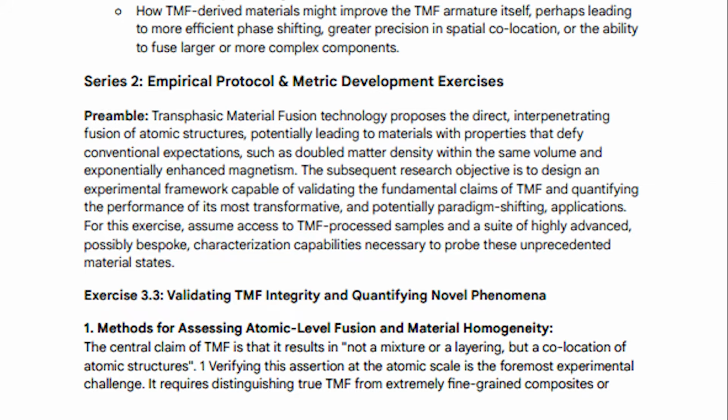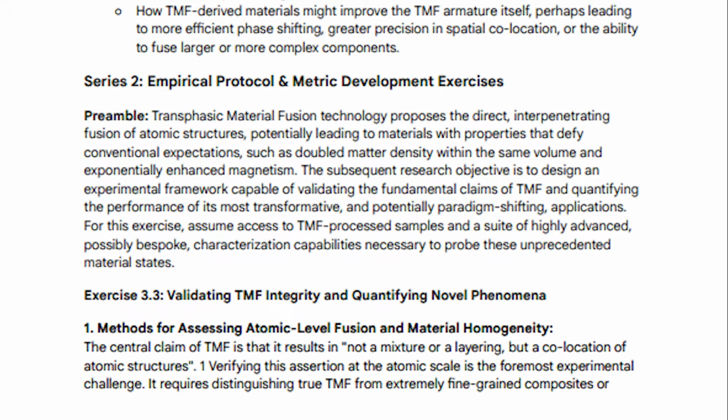For this exercise, assume access to TMF process samples and a suite of highly advanced, possibly bespoke, characterization capabilities necessary to probe these unprecedented material states. Exercise 3.3. Validating TMF integrity and quantifying novel phenomena. 1.